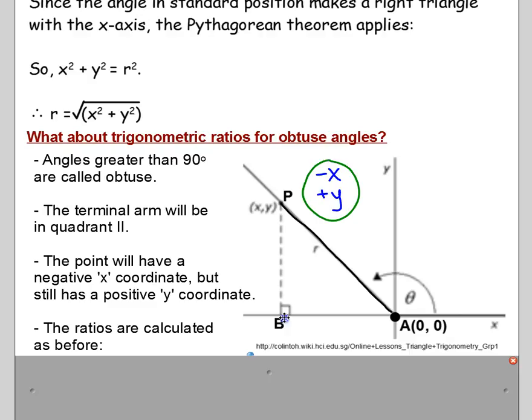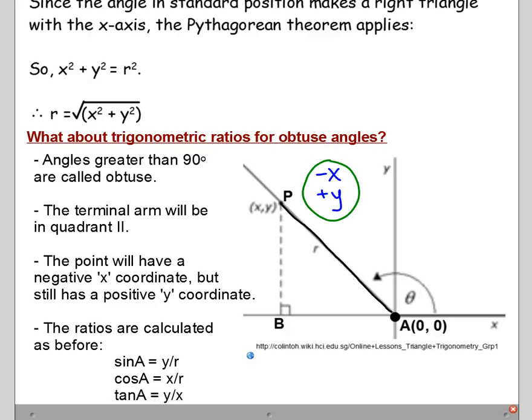But the good news is that we can calculate the ratios as we did before. Sine A is still going to be y divided by r, cos of A is still going to be x divided by r, and the tangent of A is still going to be the ratio of y to x, which I have compared to the slope, as it's quite similar to change in y over change in x.